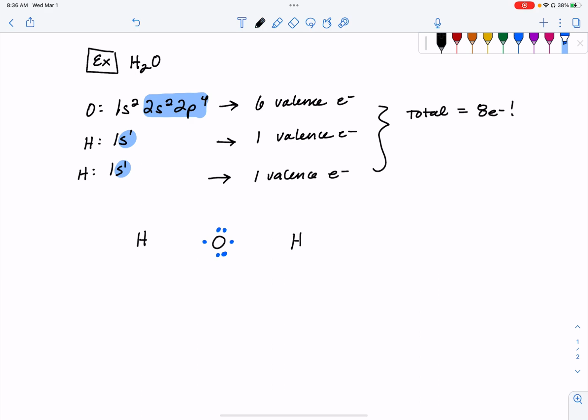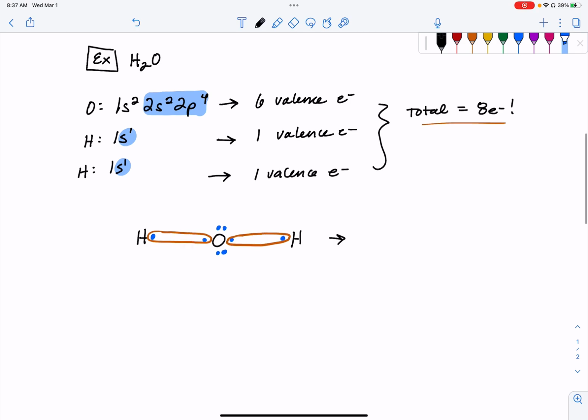And then I've got each of my hydrogen atoms with 1 valence electron. And you'll notice if I were to take the 1s electron on the hydrogen atoms and share with these unpaired electrons on the oxygen, we might see something like this. So I'm going to represent the hydrogen valence electrons in orange now, just so that we're really clear.